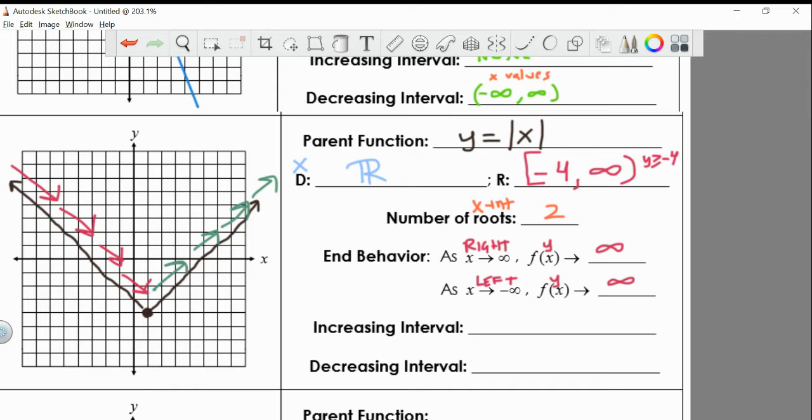So I'm clearly not decreasing forever. I'm not decreasing for all real numbers. Up here where we wrote this, we could have put all real numbers. That would have been fine. But I'm not increasing for all real numbers, and I'm not decreasing for all real numbers.